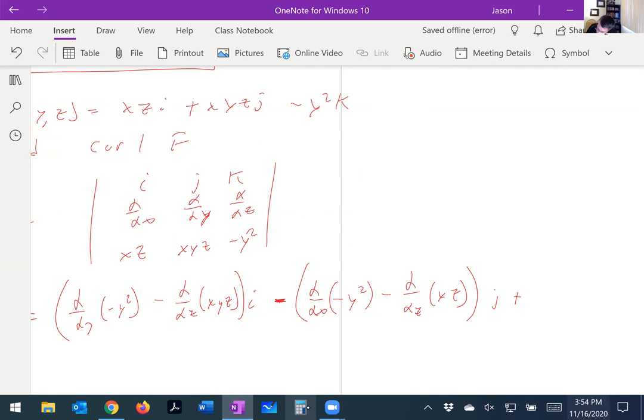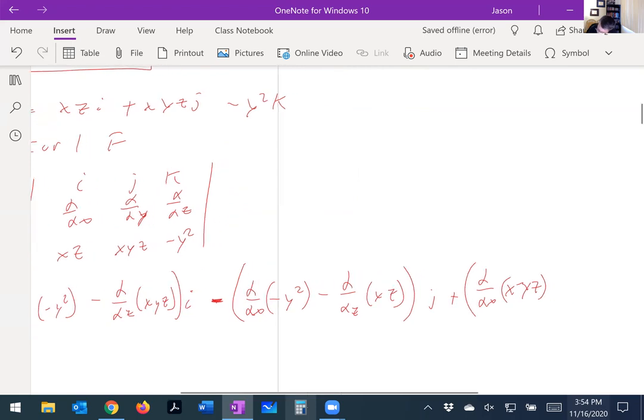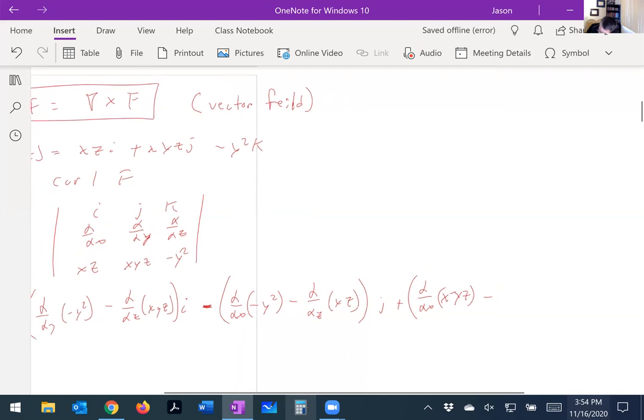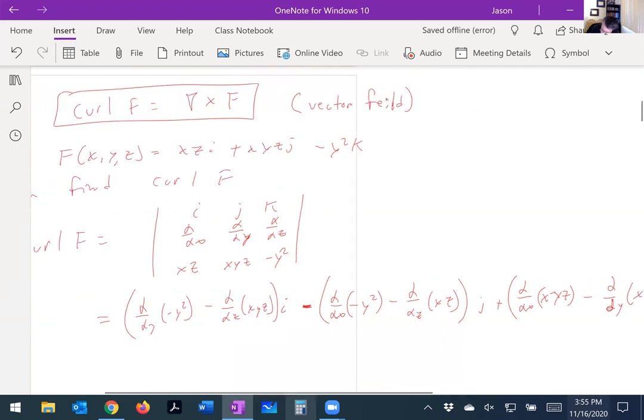Plus, this is the last one, the one I kind of started with: d/dx of xyz, minus partial of xz with respect to y, and that's k.